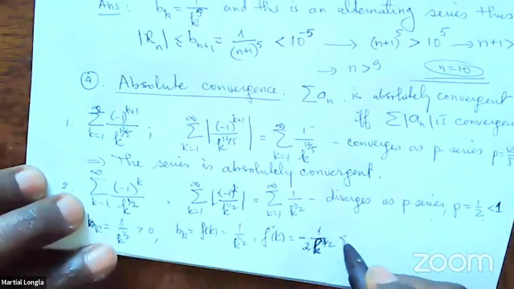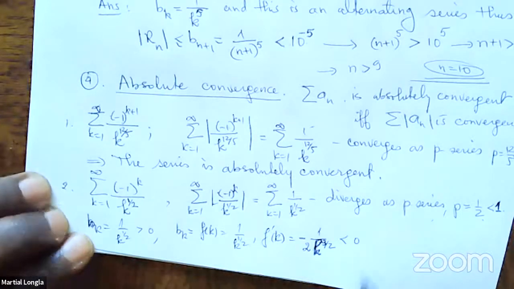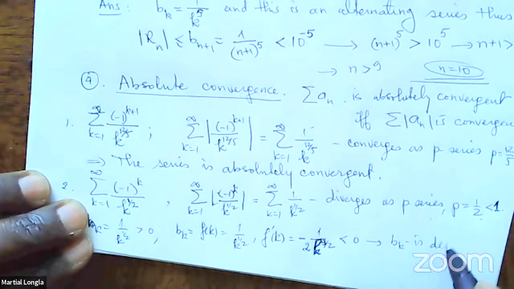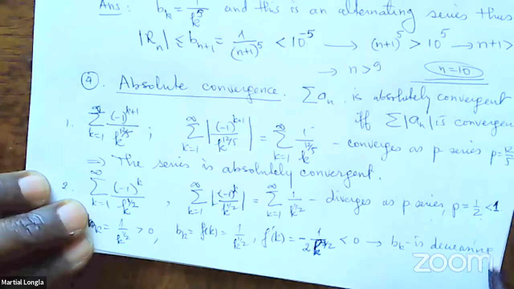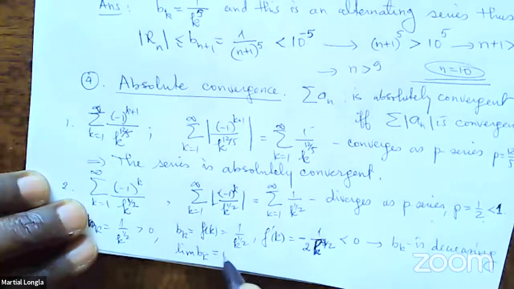That derivative is negative, so bk is decreasing, and the limit of bk equals 0.